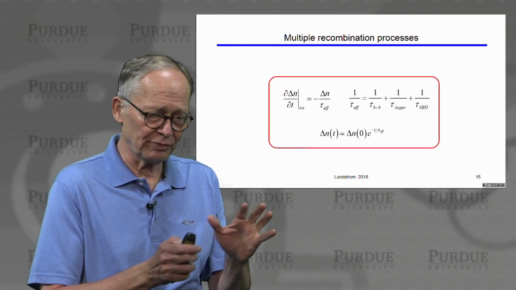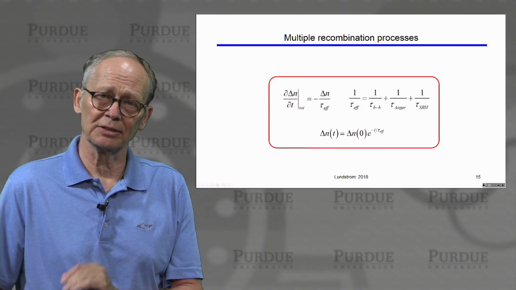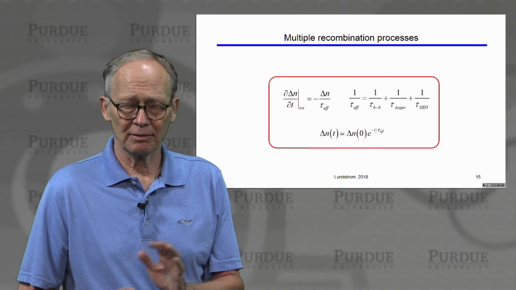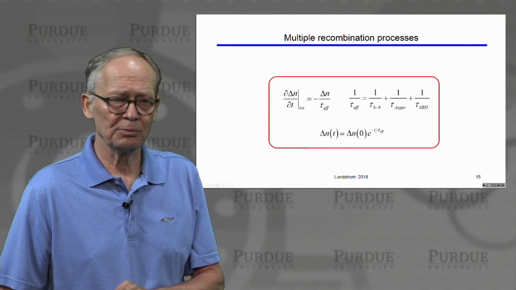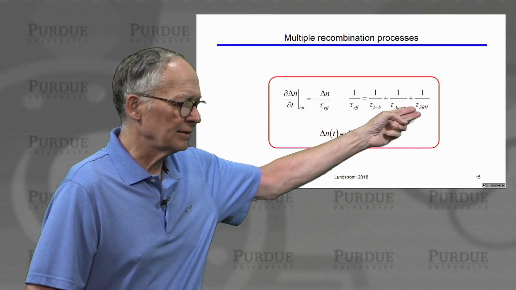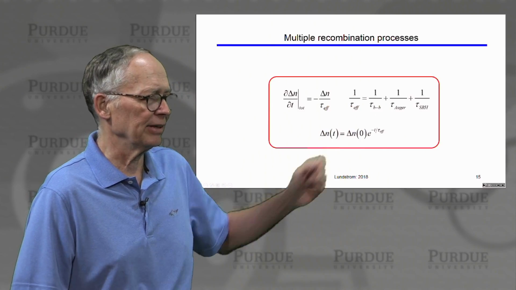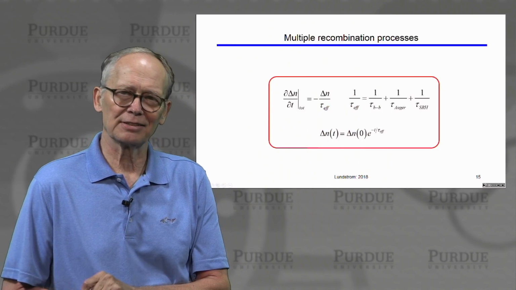Now, very often you'll find one process dominates and the other 2 can be neglected, but there are many conditions under which all of the processes are important. When they're all important, we add the rates of those processes together, so we add their inverses. You can see that that's the right thing to do.